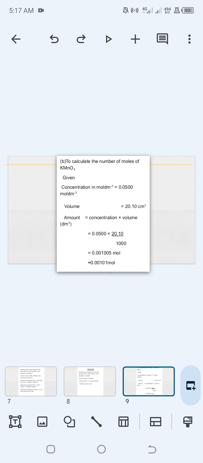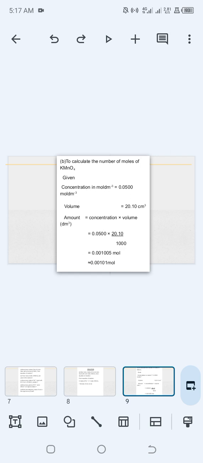The other question says, calculate the number of moles of KMnO4. The concentration was given, which is 0.0500 mol/dm³.